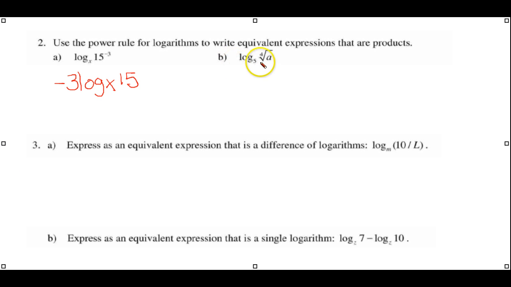Now in letter B, we have to convert from the radical form to its exponential form. So in a sense, this is going to be log base 5, and our A here is going to be to the 1/4 power. Now, we don't leave exponents there. We put the exponent in front.